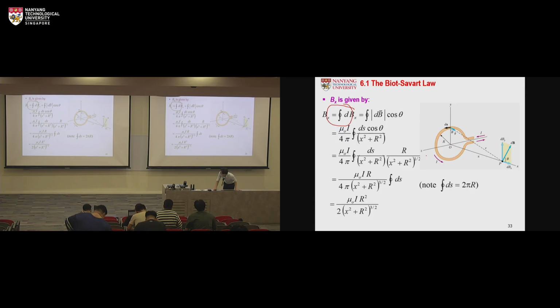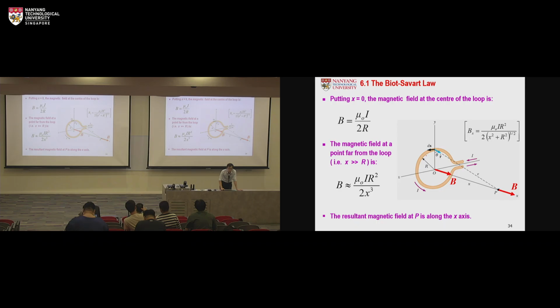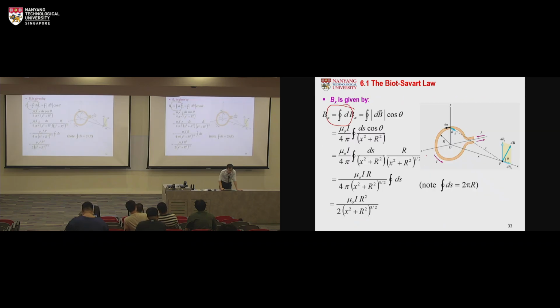Okay, later I will talk about what the more relevant scenarios actually are. This is considered quite complicated. Now we are talking about the so-called integration along this entire loop.